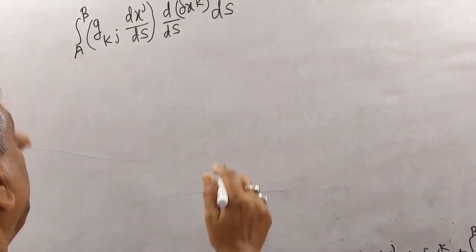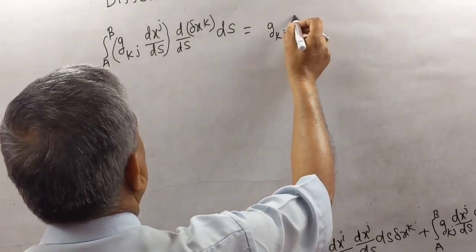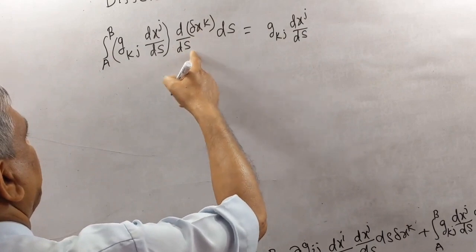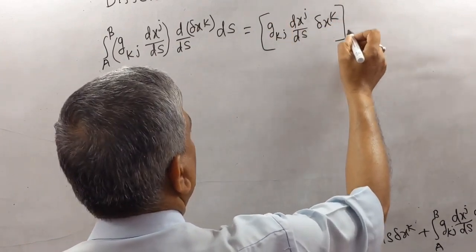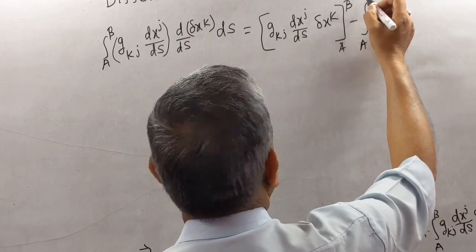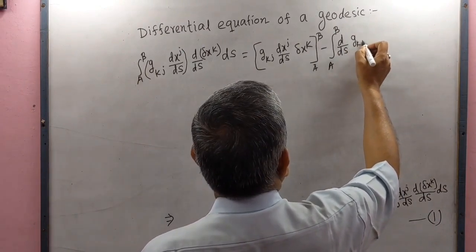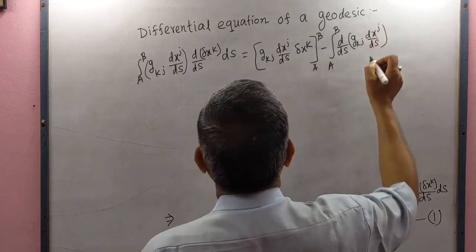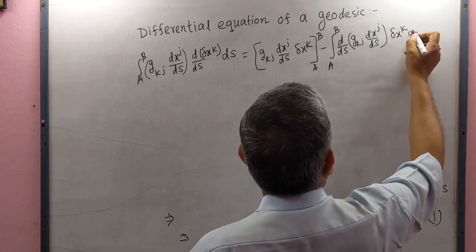So integration by parts, we get first term gkj dxj by ds, integration of second, this means del xk from a to b, minus integration of differentiation of first, d by ds gkj dxj by ds, integration of second delta xk ds.